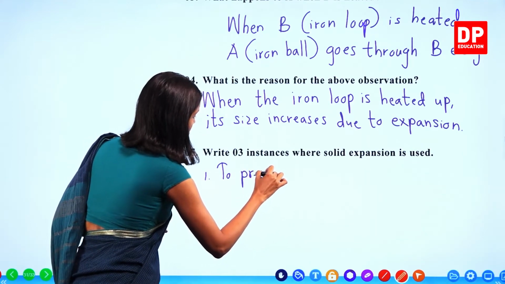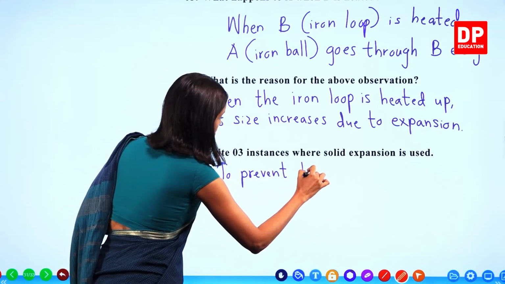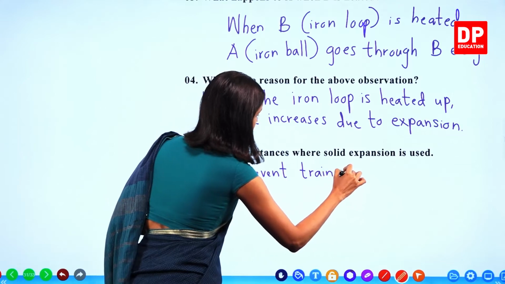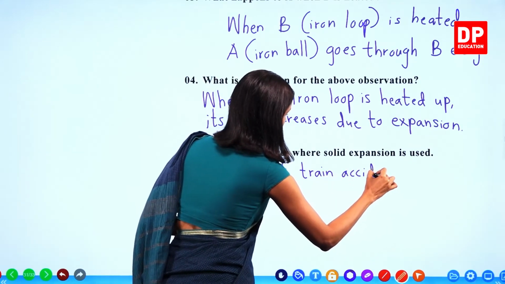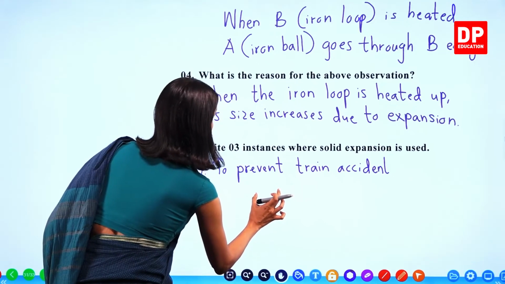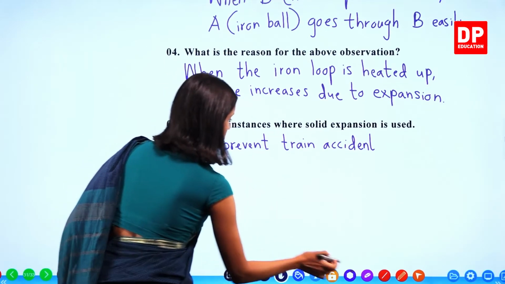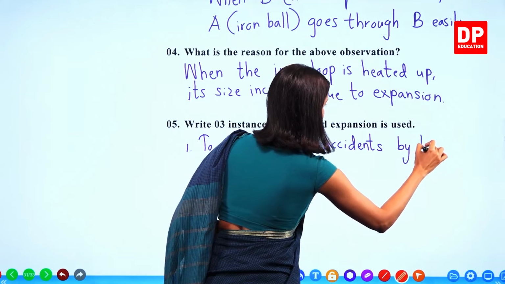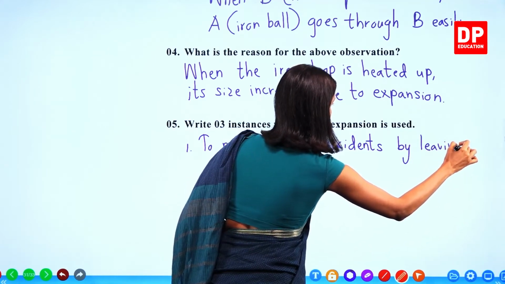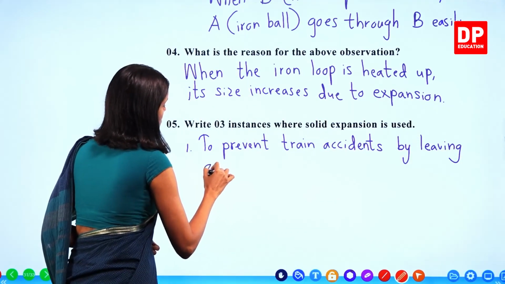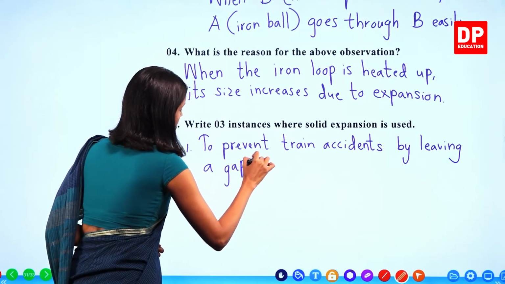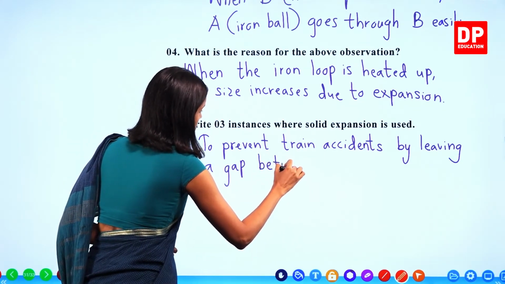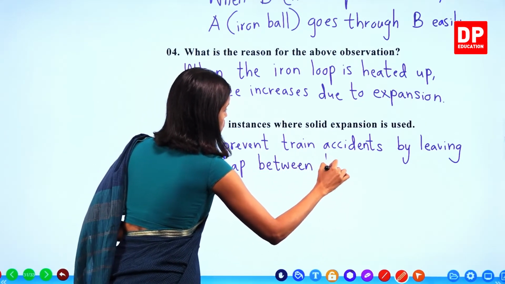To prevent train accidents by leaving a gap between 2 rails.